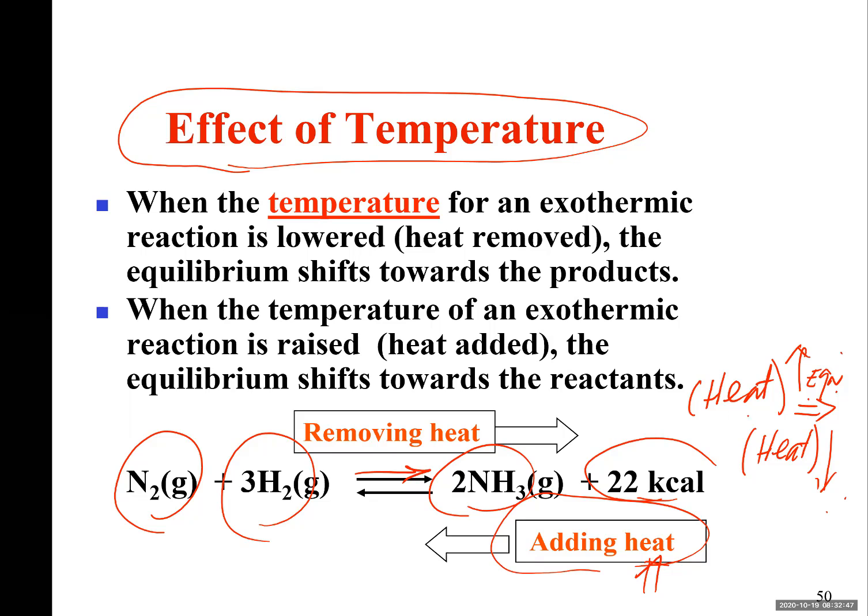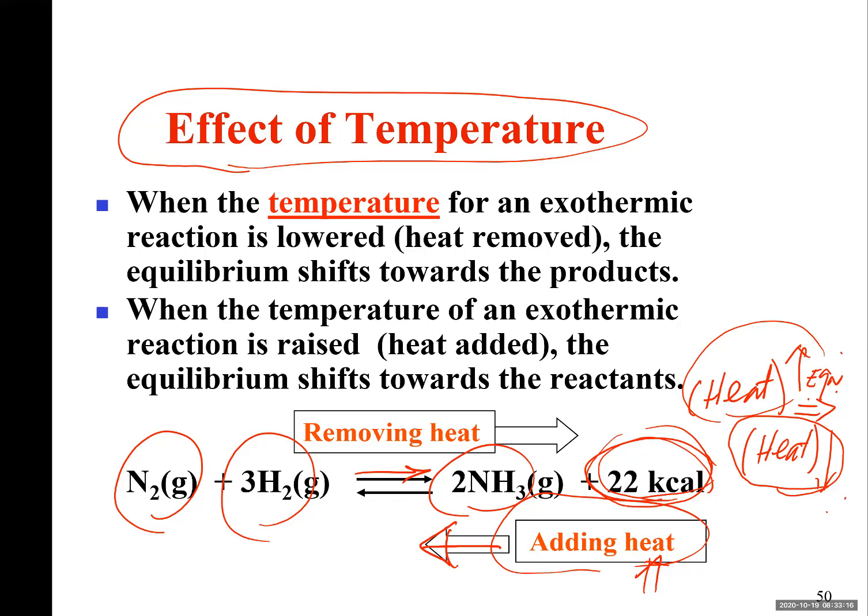We increase the heat in a reaction which is already hot and forming heat. What is the opposite of increasing heat? Equilibrium is going to move in a direction to consume heat. So do you see in this reaction, going forward from left to right is producing heat. What is the opposite of producing heat, which is consuming heat? The reaction has to go reverse.